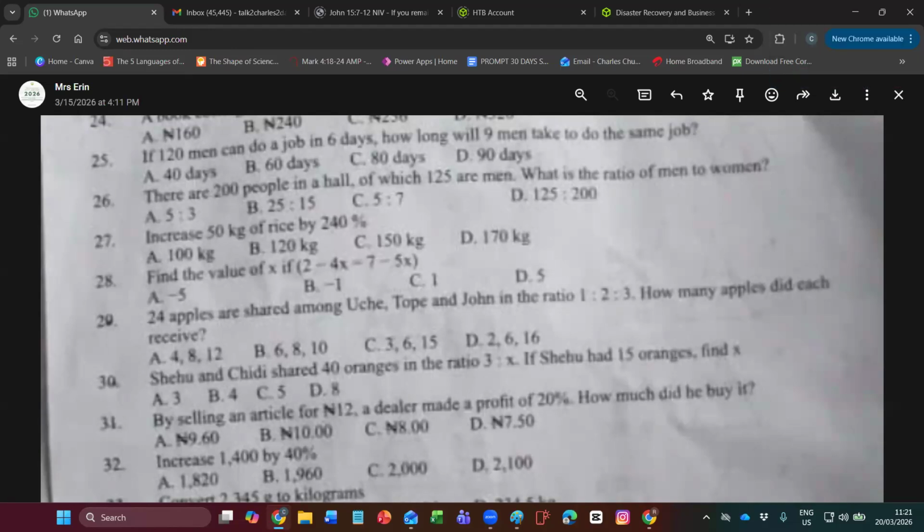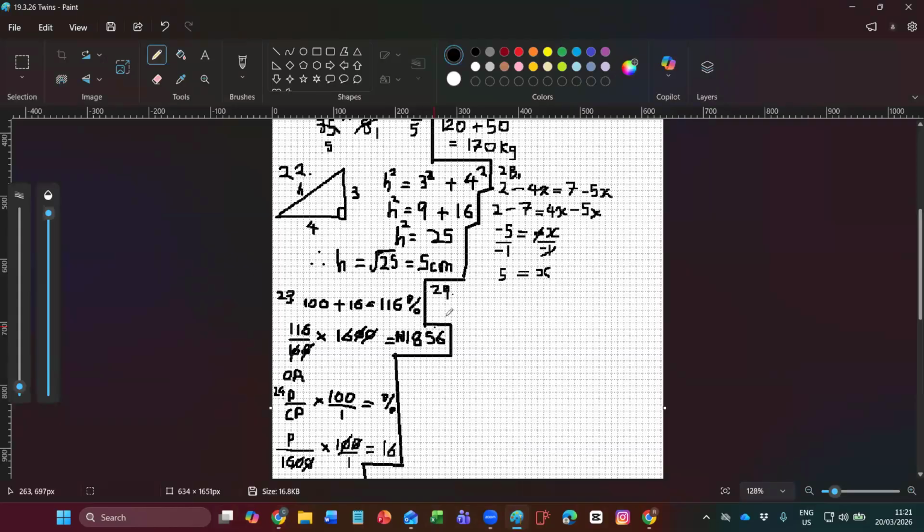We should first add all the numbers, like 1 plus 2, that is 3, 3 plus 3 is 6. Good. Next, we'll do 1 over 6. Oh, hold on.